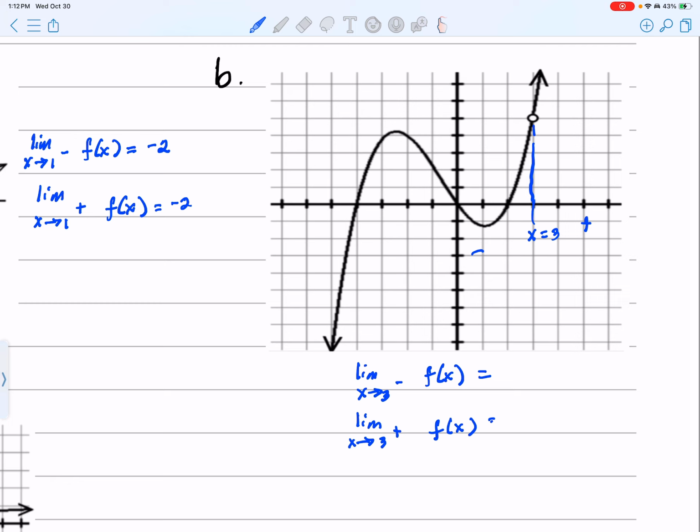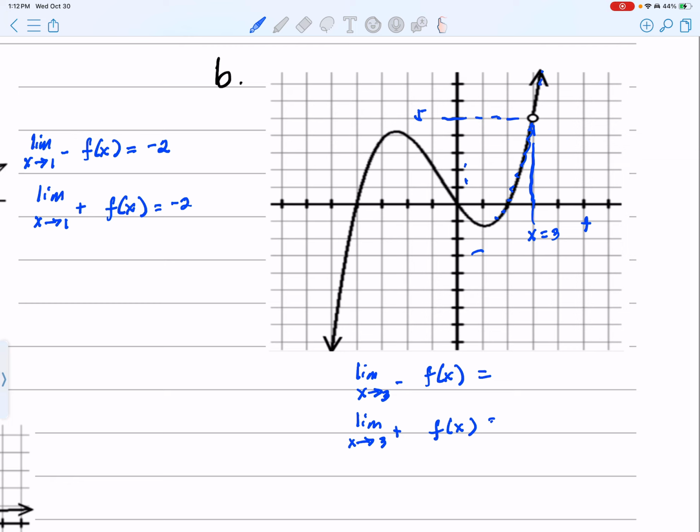Give me a moment. As x approaches closer, it is at 1, 2, 3, 4, 5. Right here, 5. Same thing with the right.